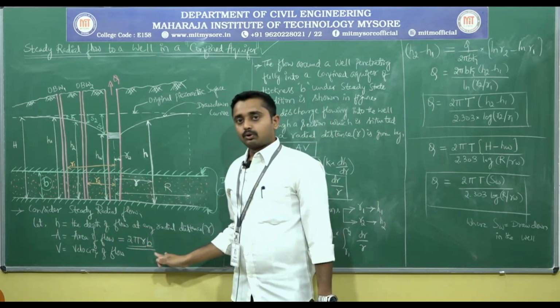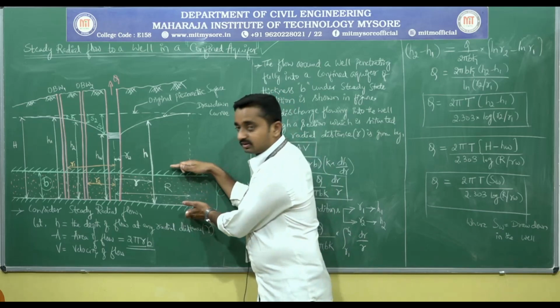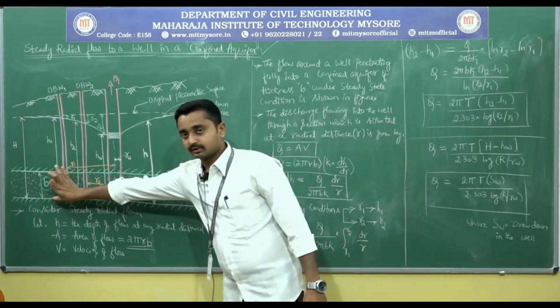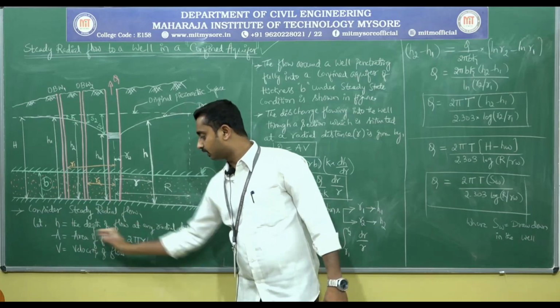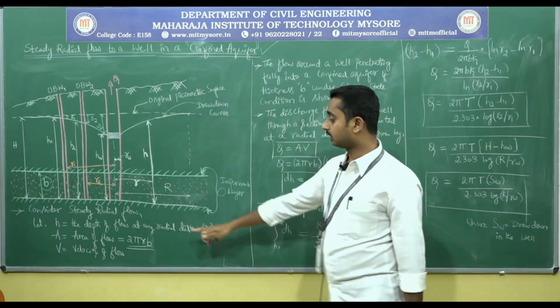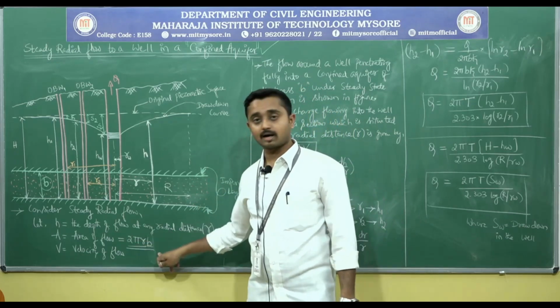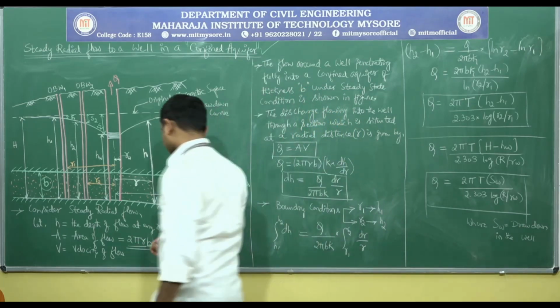The area of flow is 2 pi r b, where the thickness between the impervious layers is B, and v is the velocity of flow. Very similar, only the area is different: in the previous derivation it was 2 pi r h, now it is 2 pi r b.